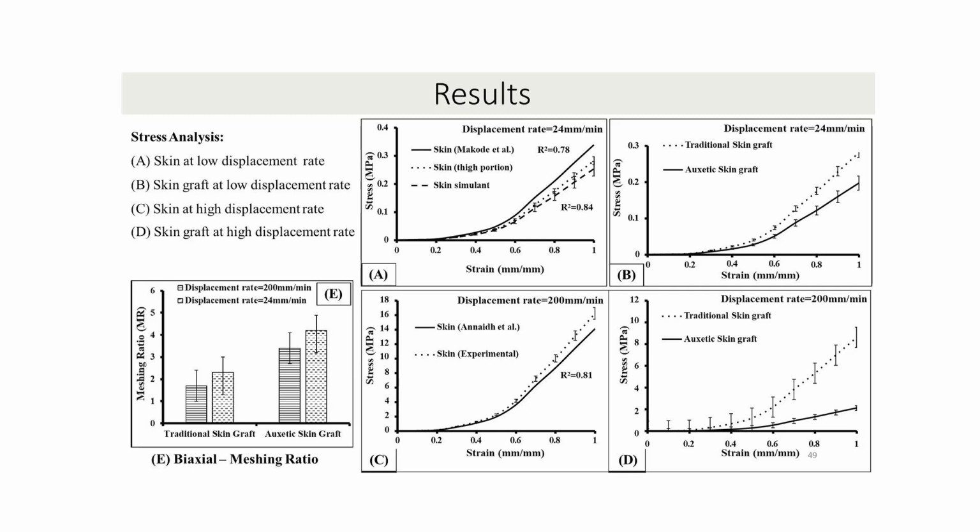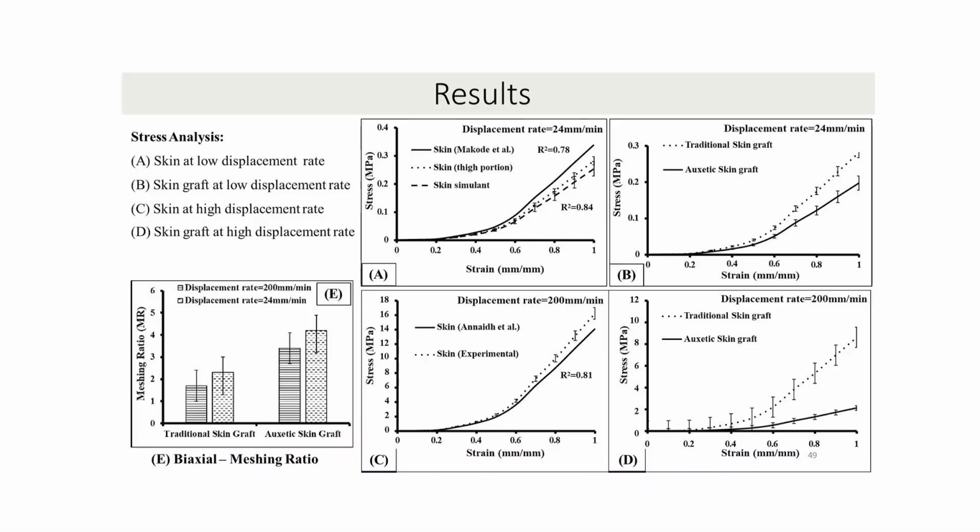So they are quite similar in terms of stress strain profile, which indicates that the skin we have derived here is actually from a fresh cadaver and is similar to live human skin. This is what this plot tells us. Next, we look at traditional skin grafts and auxetic skin grafts.